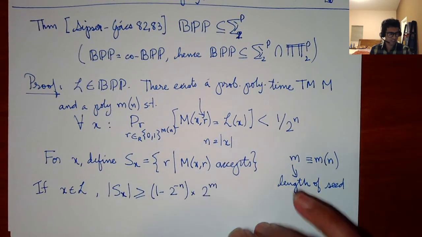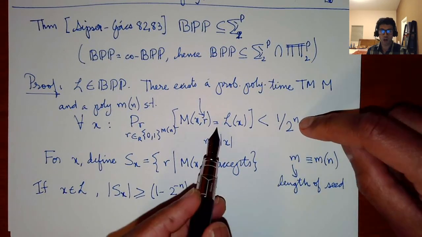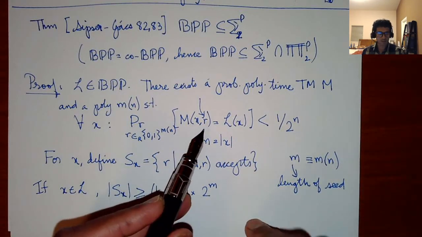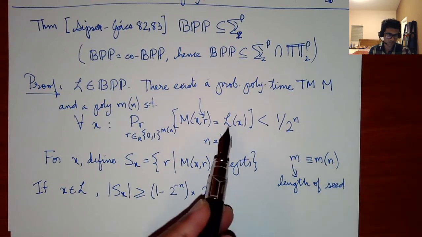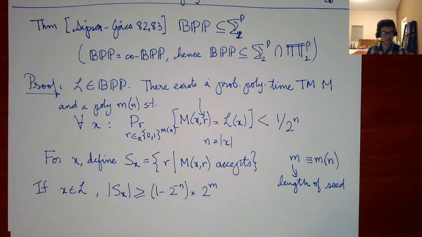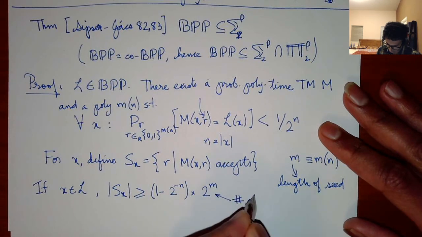This is the same argument as before. If x is in L, the number of R which make it accept, because that is the right decision, is a 1 minus 2 to the minus n fraction of all possible seeds.